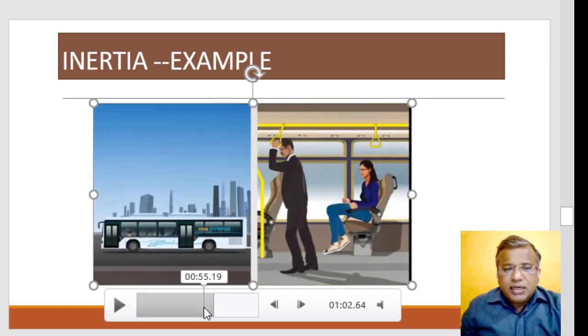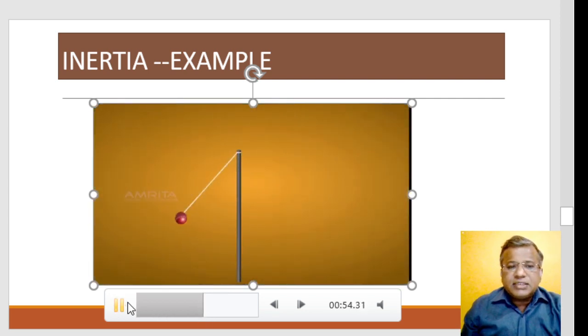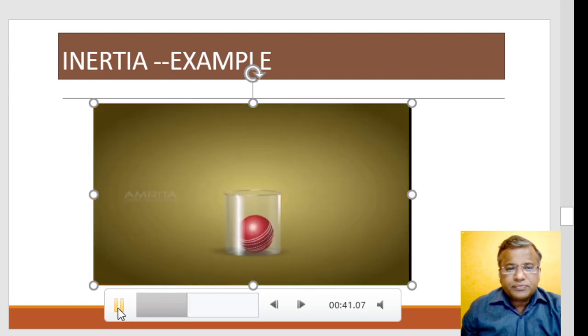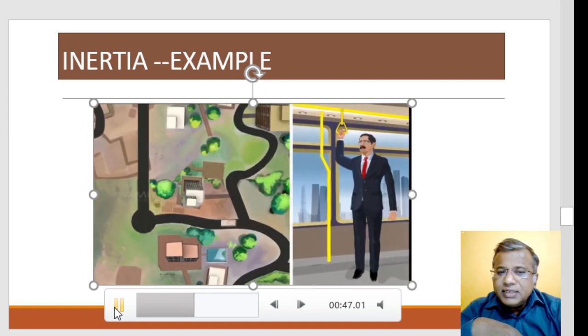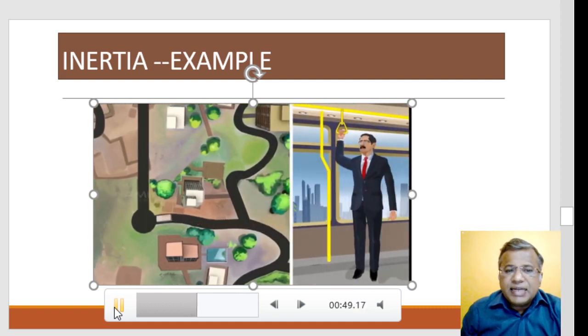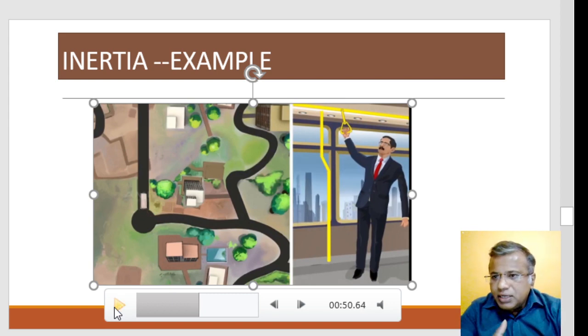If you see here, the person, when he was taking this turn, if you are going in a vehicle, you won't be turned in the same direction as the direction of which one? Yeah. So just see, if you are going in a vehicle and you are taking a right turn, you will automatically have a push towards which side?